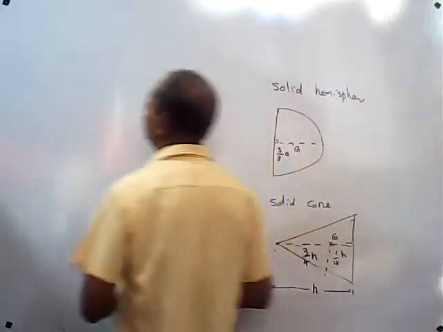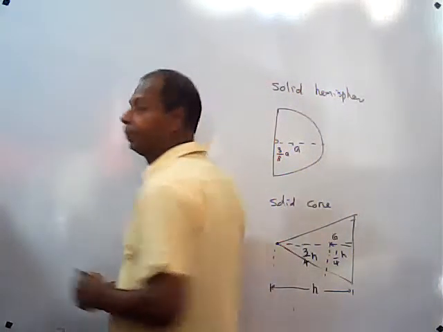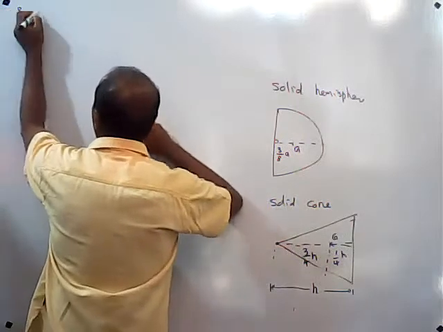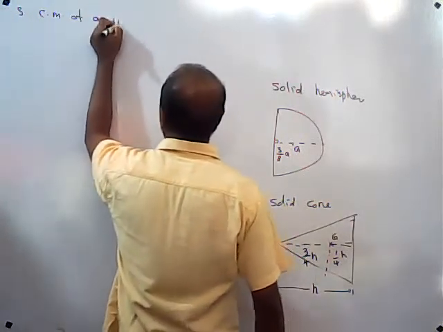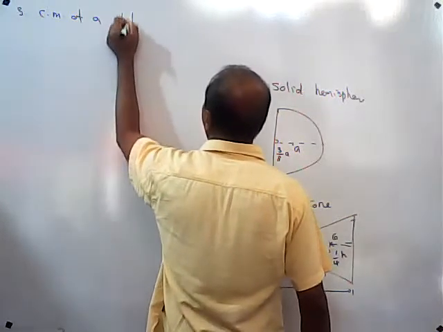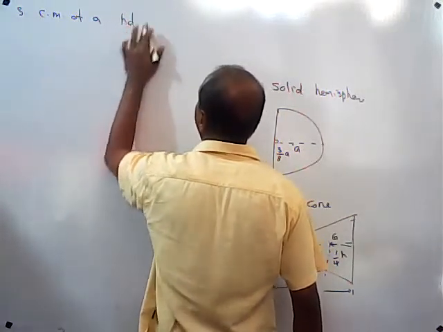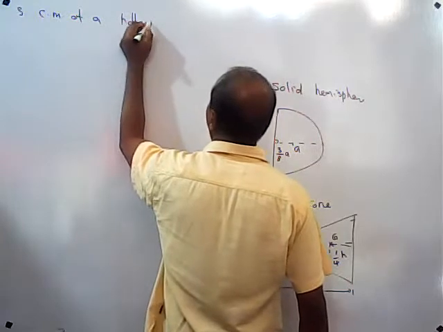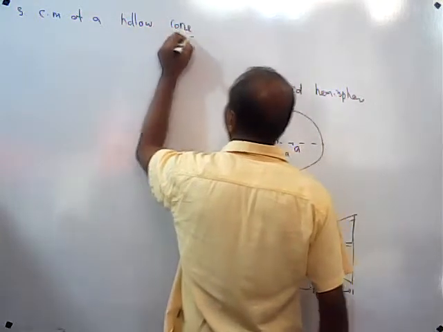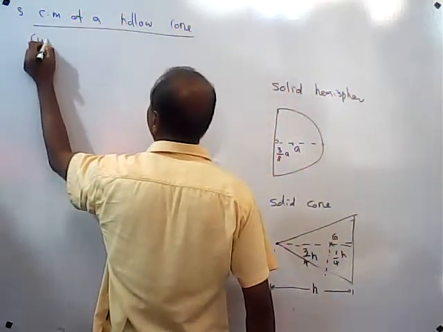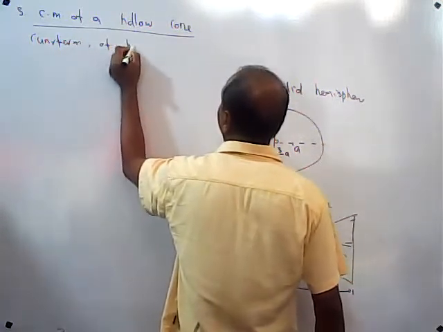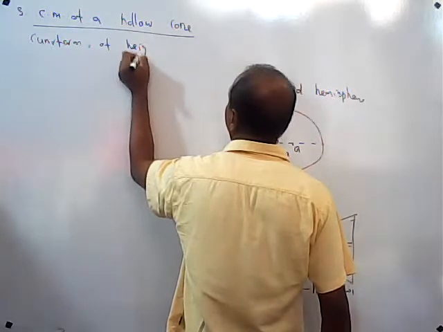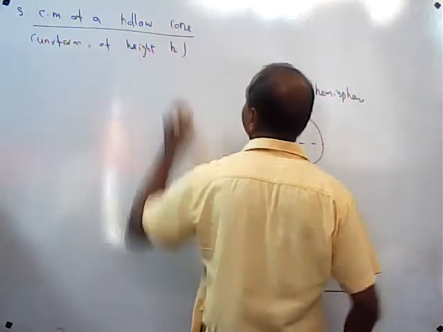This is number 3. Center of mass of a hollow cone, uniform, of height equal to h.